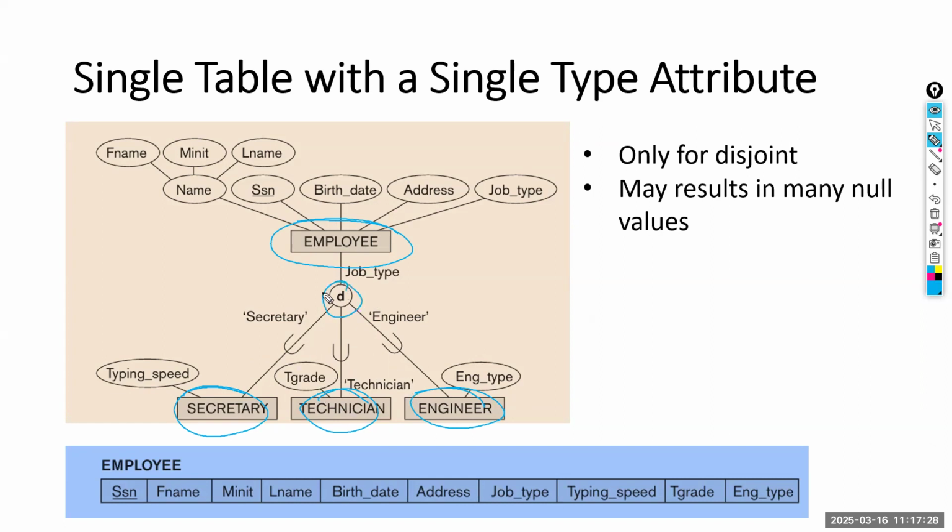It's disjoint. And also it is partial. So that means there can be employees who are neither secretary, nor technician, nor engineer. In that kind of situation, you can go for a single table. A single table will work for this kind of situation.